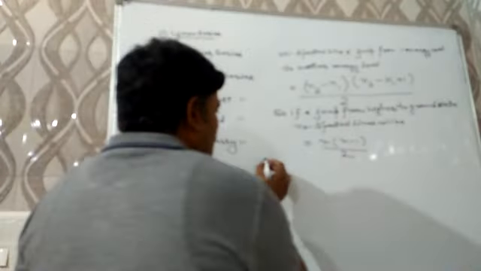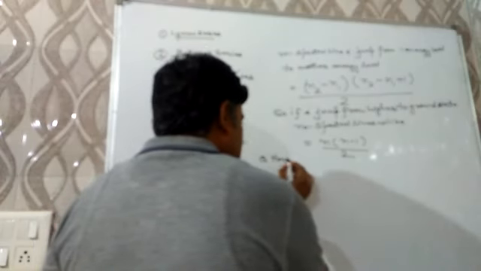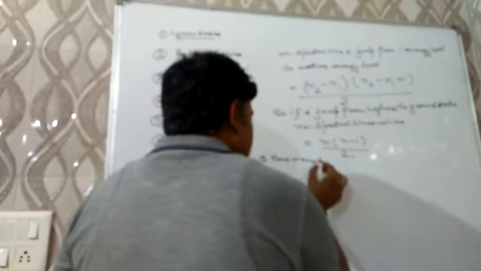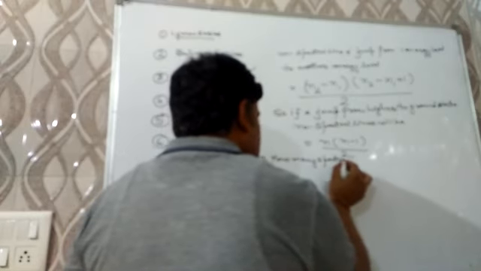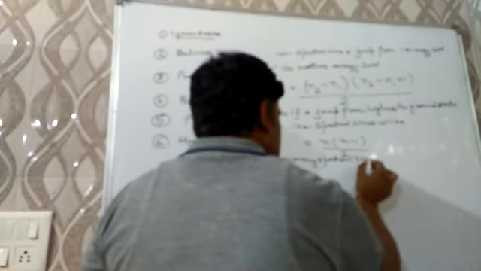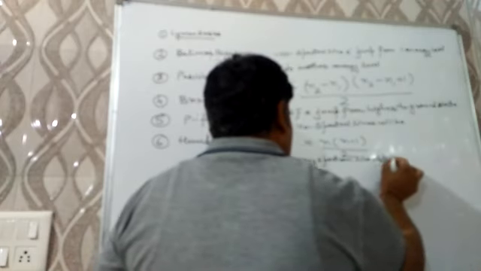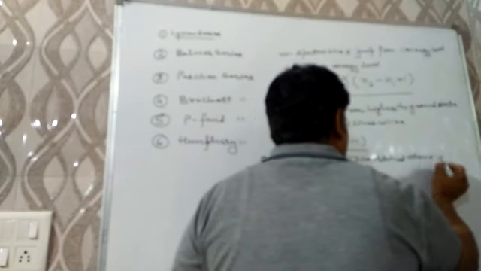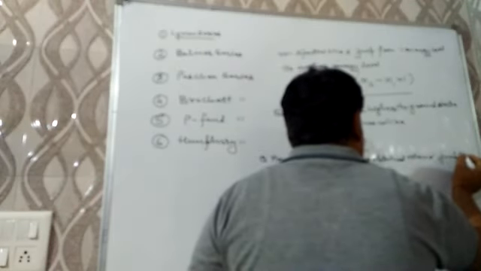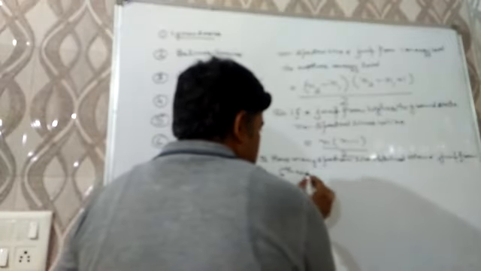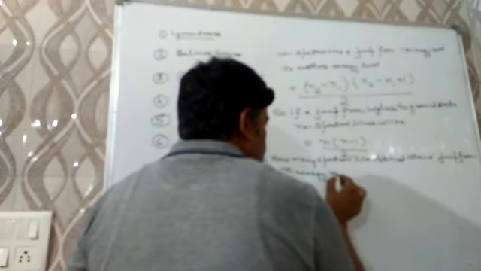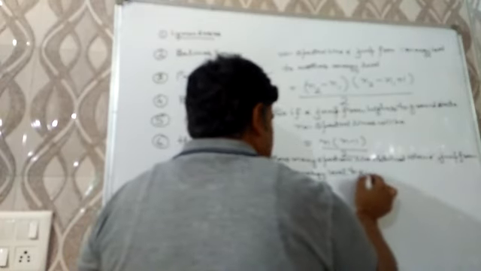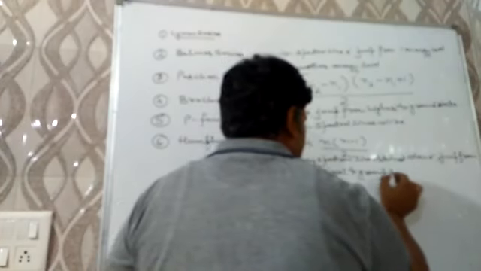First of all, how many spectral lines are obtained when an electron jumps from the 6th energy level to the ground state?